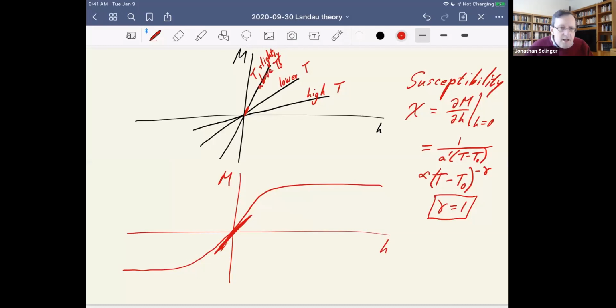So, Jonathan, which theory came first? Which theory came first? That's an interesting question. I don't actually know the history when it comes to magnetism in particular. I think that the more microscopic theory came first for magnetism.